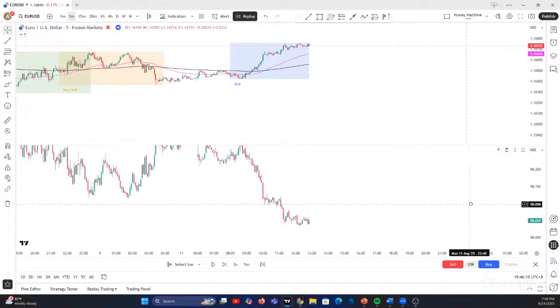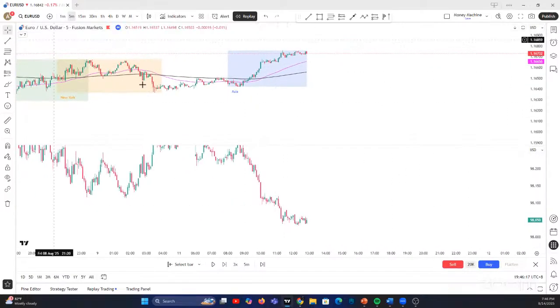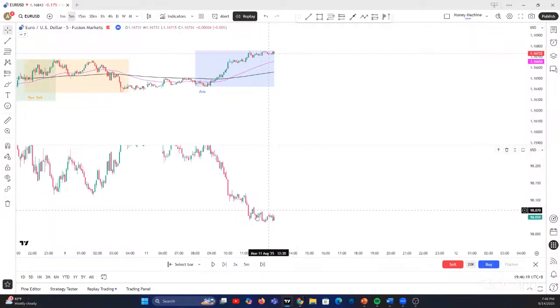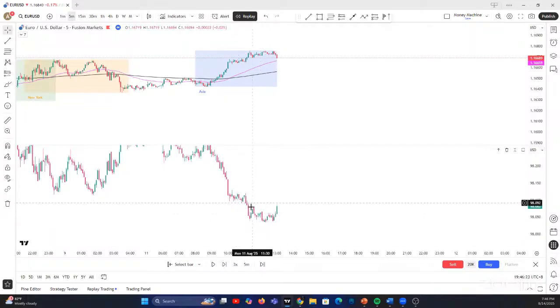Don't focus more on the asset you are trading. Just check if there's any structure being created. Okay, did it break this higher low here? Yes, it did. This was the last higher low, and now it's having the body candle close.